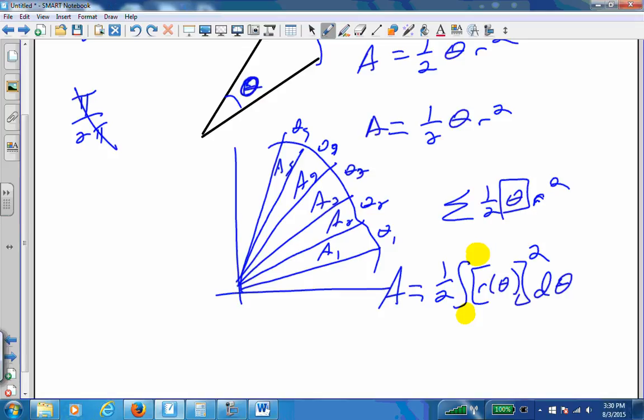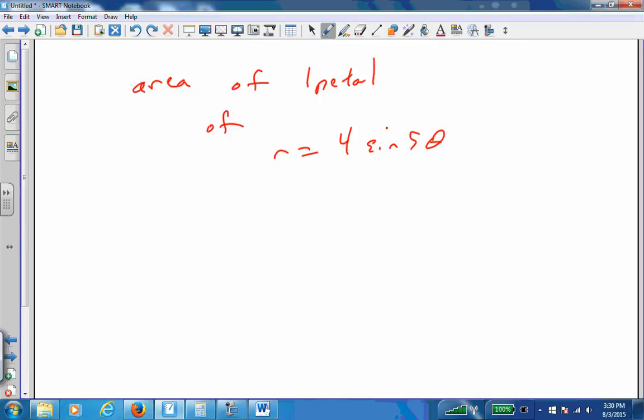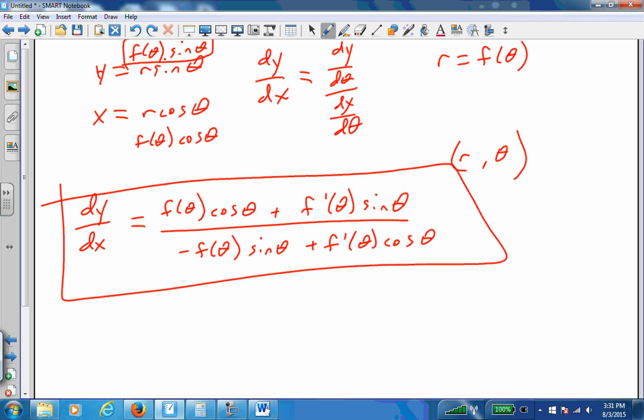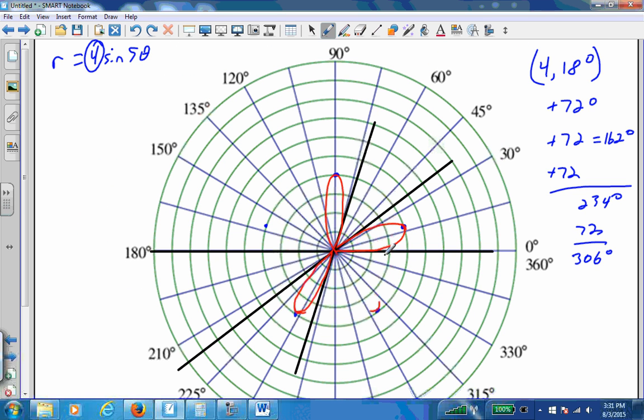So if we look back at this one, we were tangent at the pole at 0 degrees, so we were 0 here, then we went out to a tip, and then we came back to 0, didn't we?